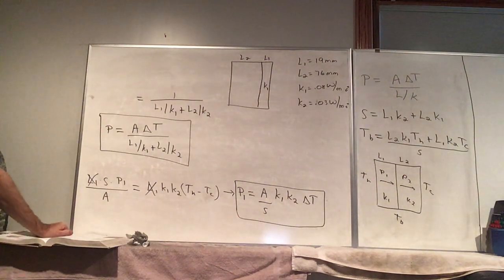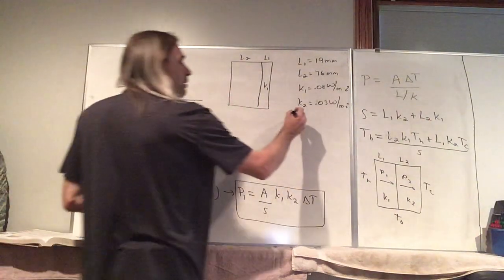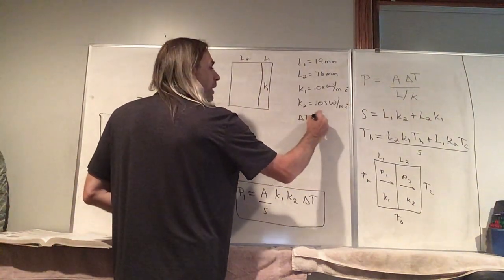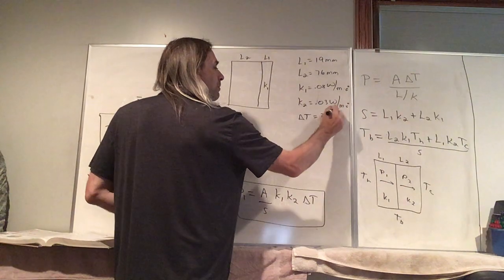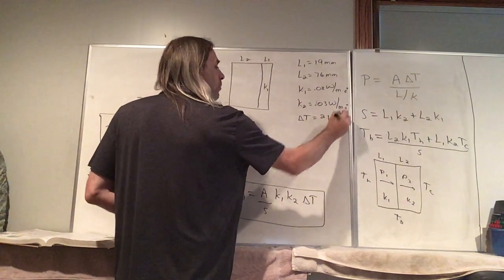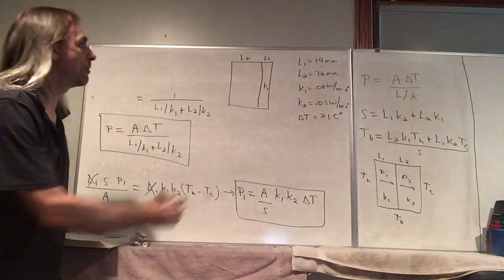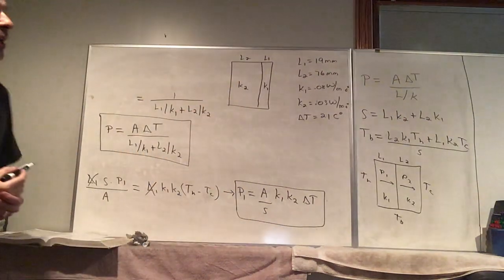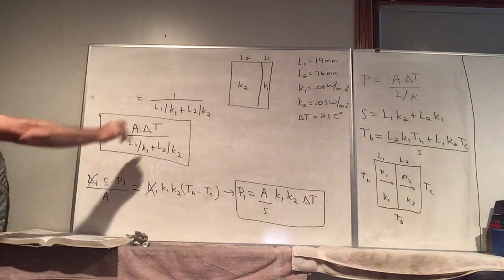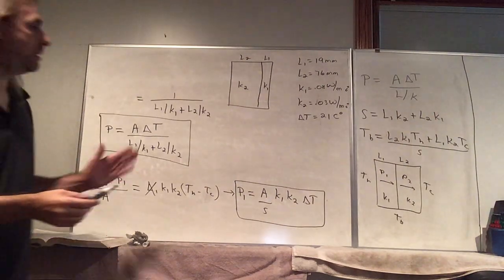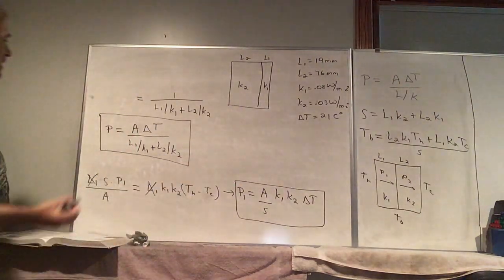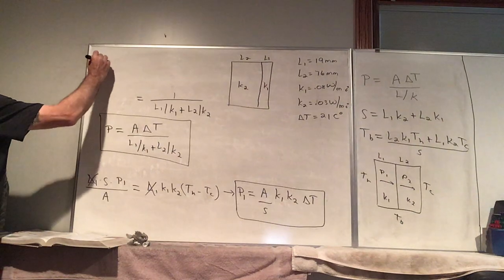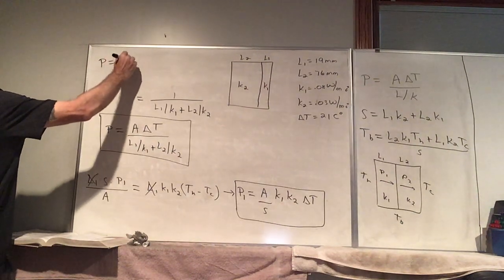And delta T is 21 Celsius degrees. We had 25 and 4. So let me just double check these numbers. And so now with this formula here, we can calculate, in kind of just one step now. Let me rewrite this formula here.